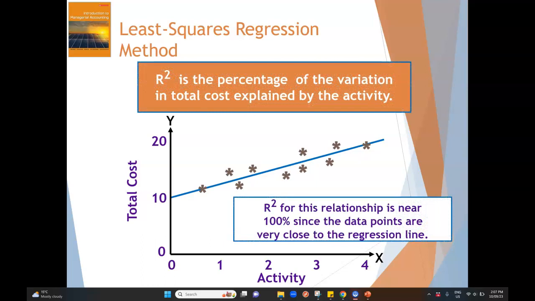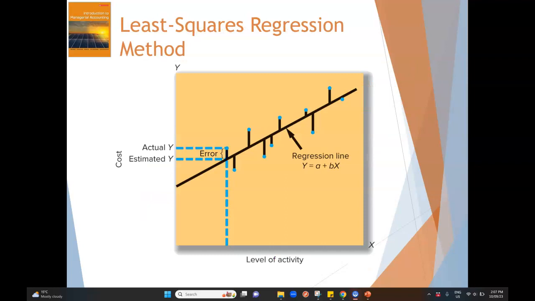R-square is the percentage of the variation in total cost explained by the activity. R-square for this relationship is near 100%, since the data points are very close to the regression line. Error, actual Y, estimated Y, regression line. Y equals A plus BX.